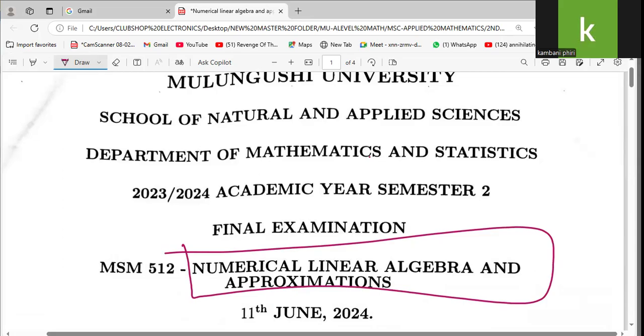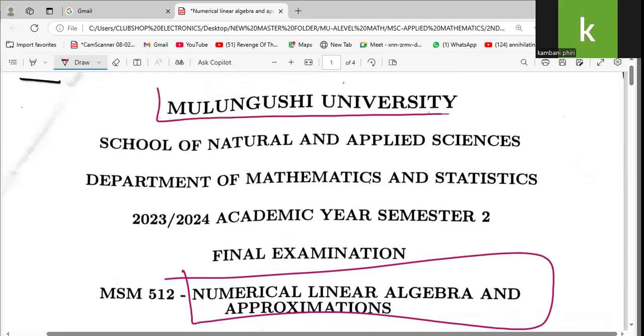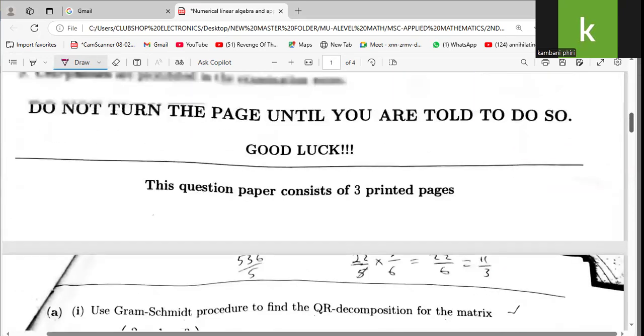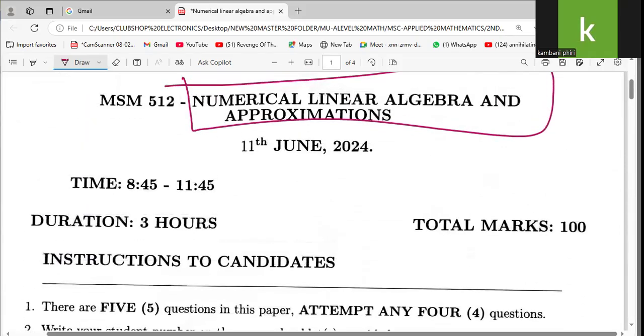We are going to solve a paper from Mulungu University, from this exam which they had on the 11th of June, 2024.